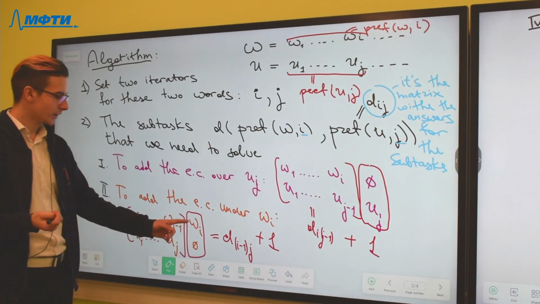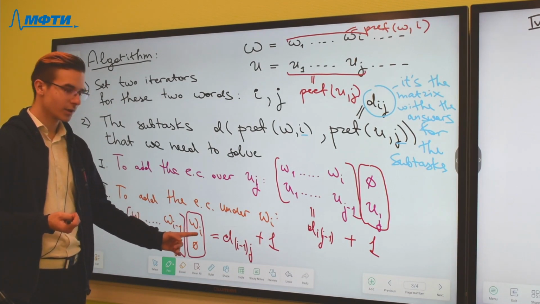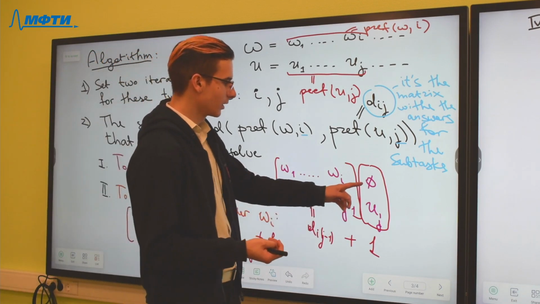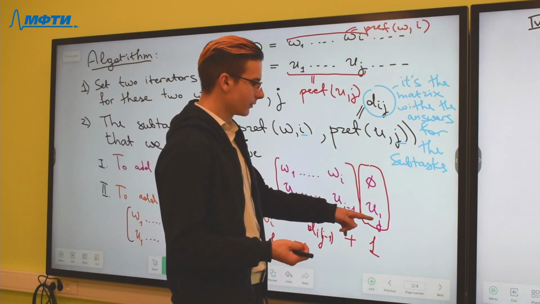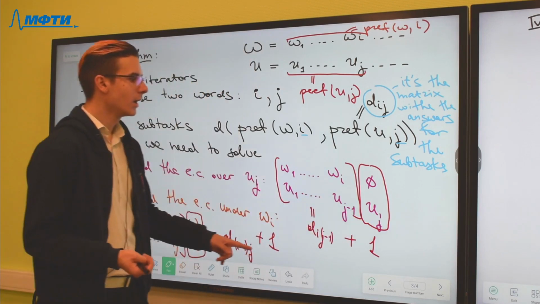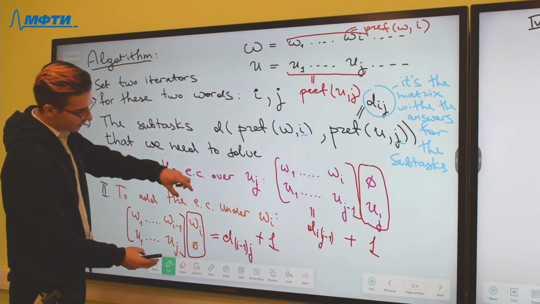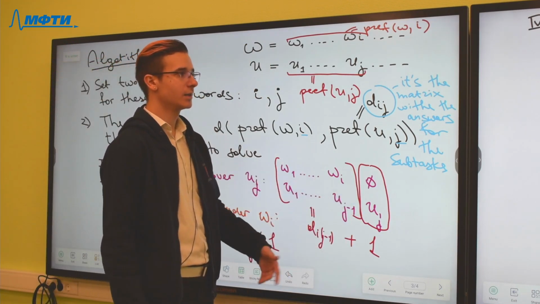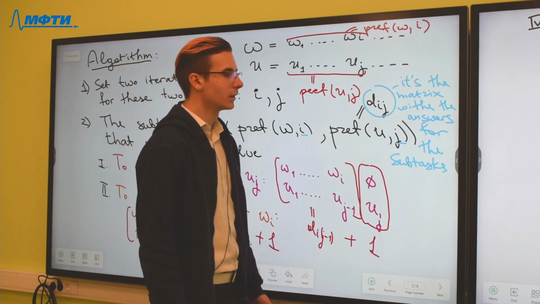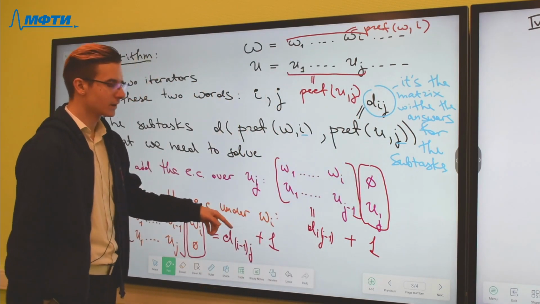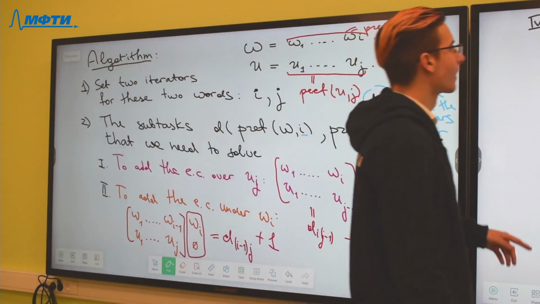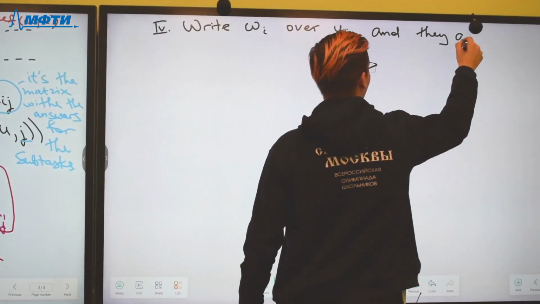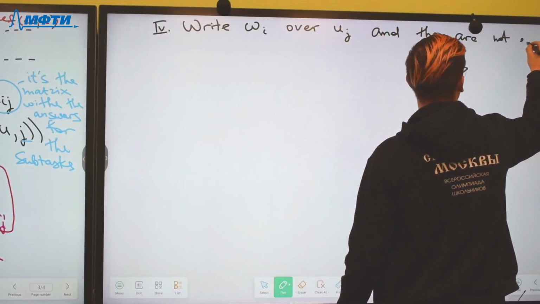When we write an empty character under omega, under WE; when we write an empty character over U with index G; when we write this character over this character and they are not equal; and the special case when they are equal. And here they are not equal.